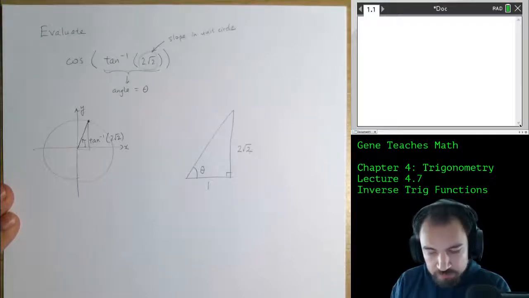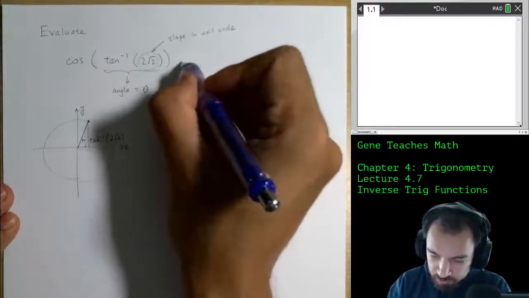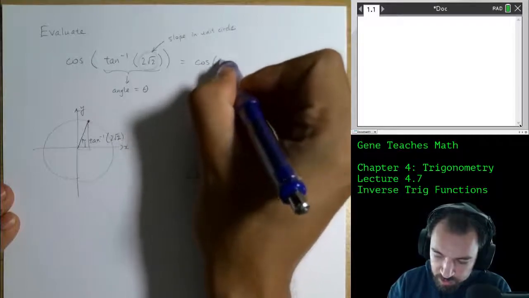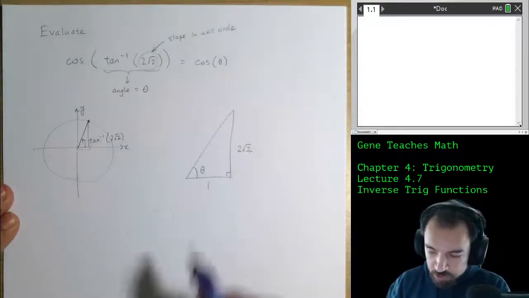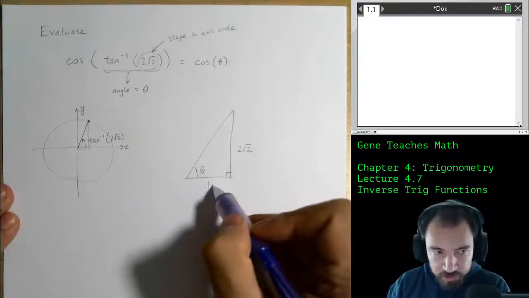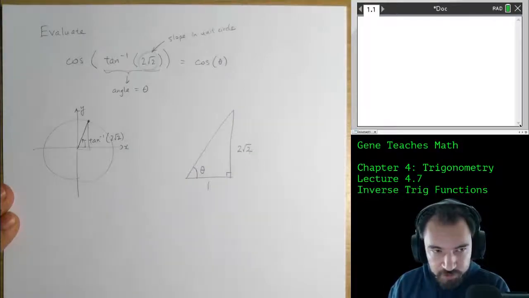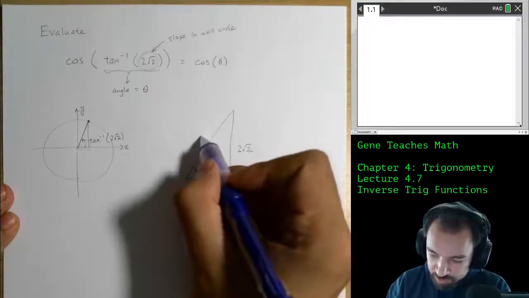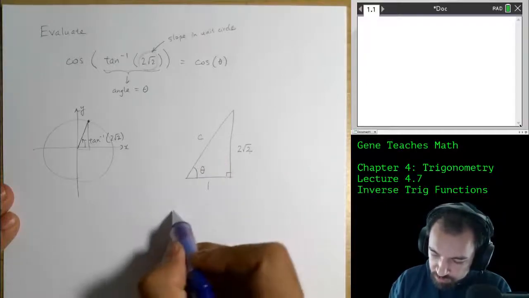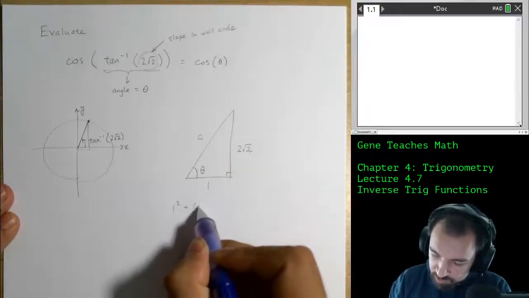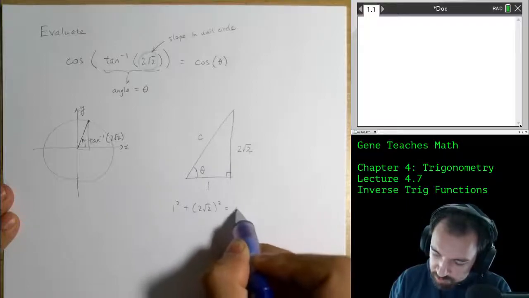From here, it is my goal to find the cosine of the angle theta, which means in this triangle, adjacent over hypotenuse. So to find the hypotenuse, I can just call this c, and then do 1 squared plus 2 root 2 squared is equal to c squared.